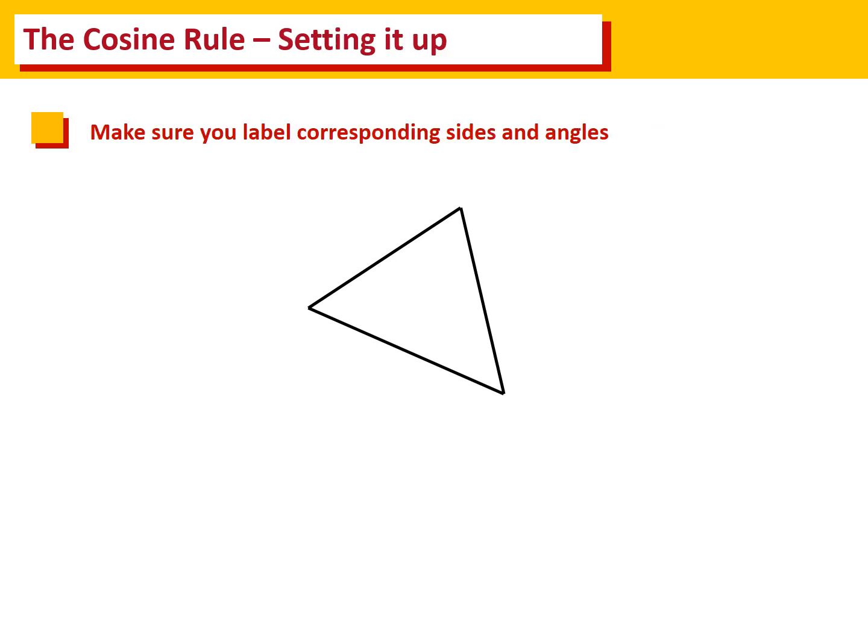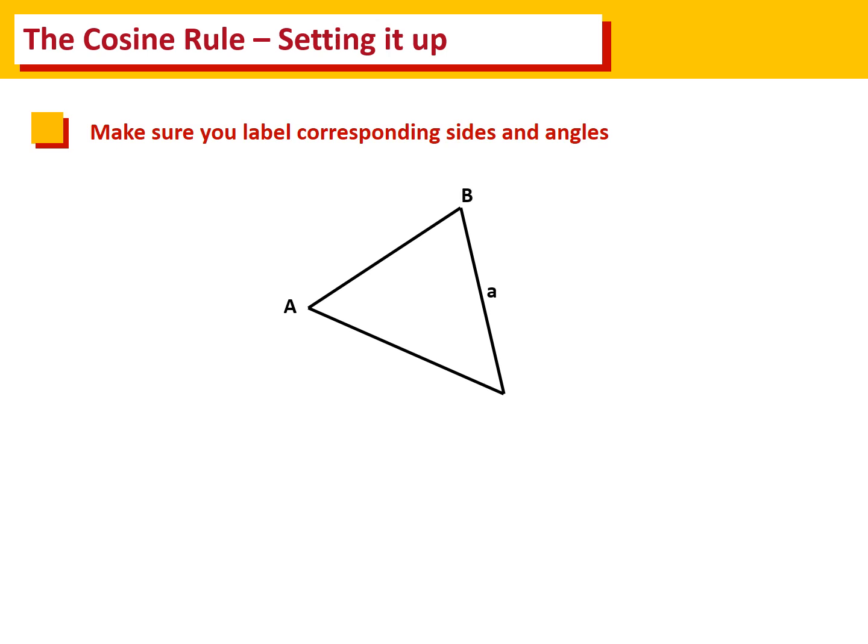It's really important we know how to label the sides and angles of the triangle. If that's one of the vertices or corners, or indeed angles, marked with a capital A, then the side opposite that angle or corner or vertex will be lowercase a.